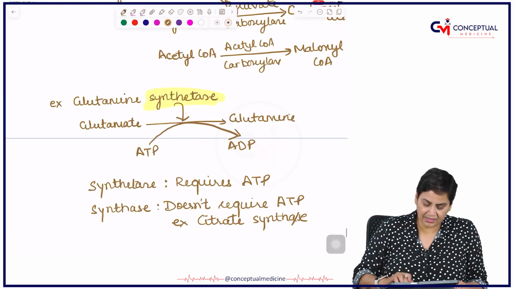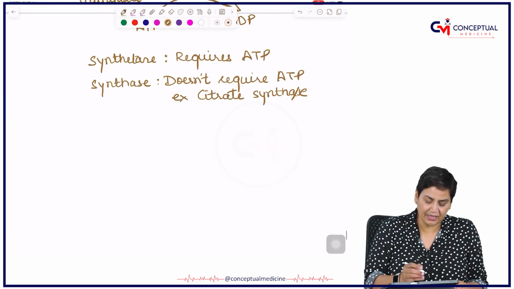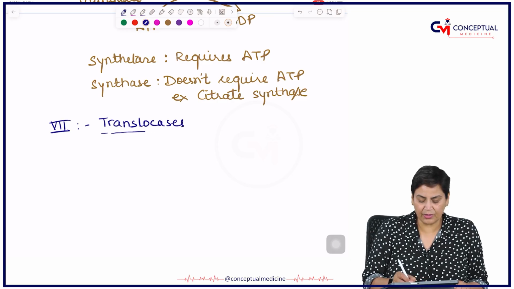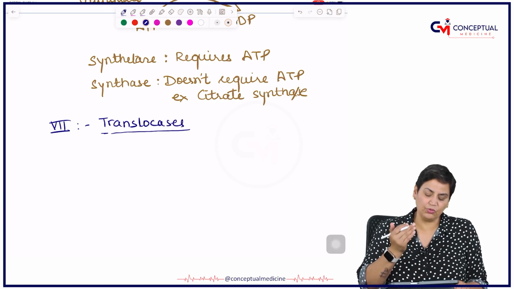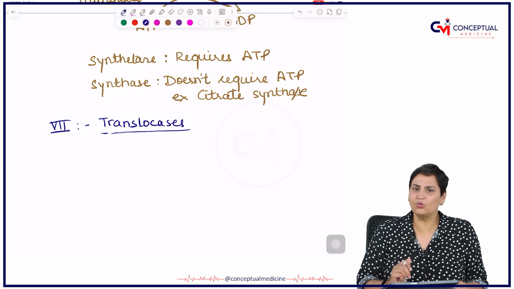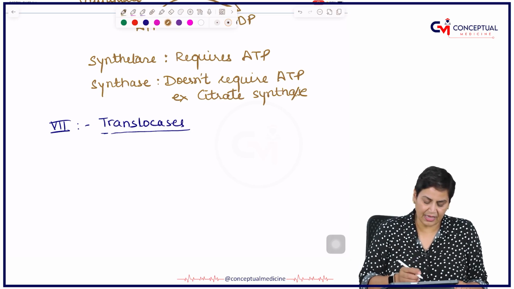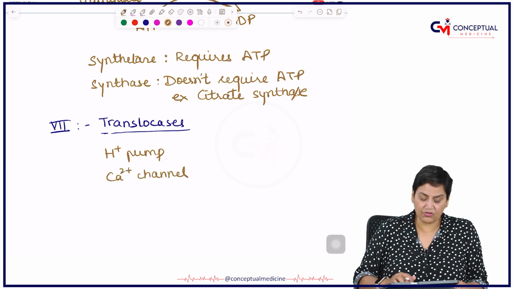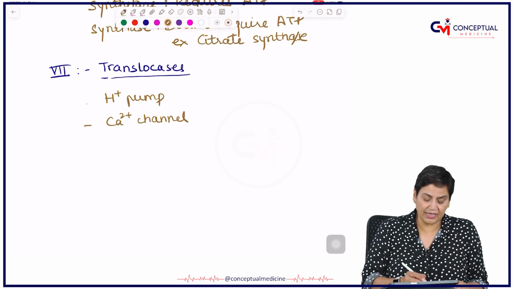Then comes the last class now which has been recently added, which is translocases. Translocases, as it is clear from the word itself, will help in translocation, movement from one organelle to another. Let's say if we have to write examples, I can say that the potassium pump is there, the calcium channel is there, and if we talk about the enzymes, in translocases the example is endoplasmic reticulum translocase.